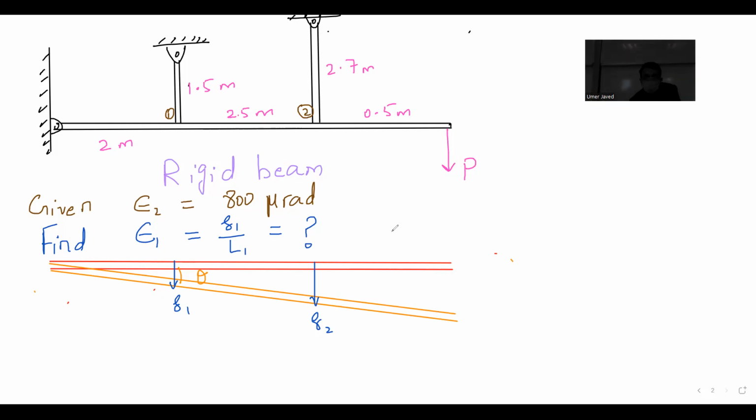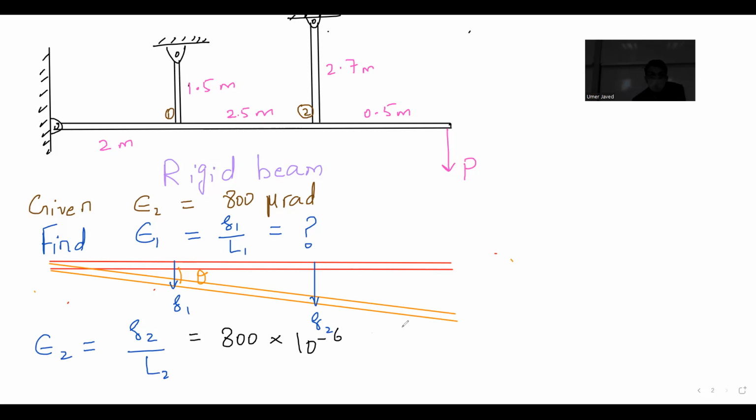So I think I can help you a little bit here. Okay, I will help you. Write epsilon 2 equal to change in length over original length, which is equal to 800 into 10 power minus 6. So this is your rod 1, this is your rod 2.